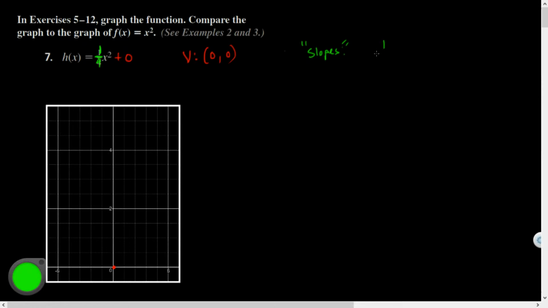Our normal slopes are up 1 over 1, up 3 over 1, up 5 over 1, where these numerators were the consecutive odd numbers 1, 3, 5, 7, 9, 11, and so on. But now that I've got this number out front, it's going to schmoosh my graph. So what I do is I multiply just the numerator by 1/4.